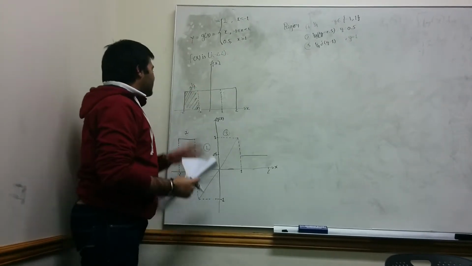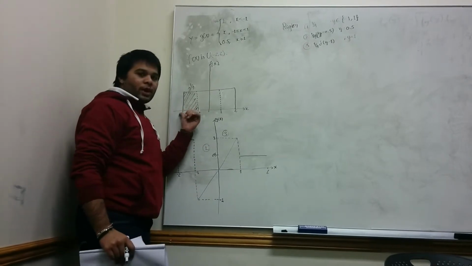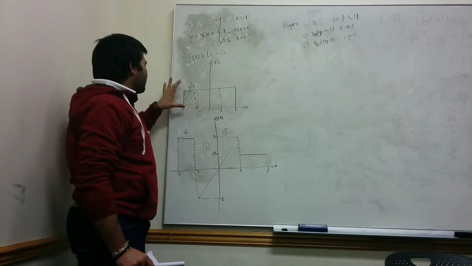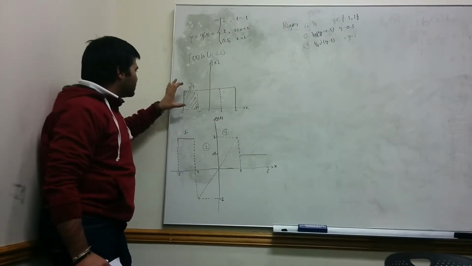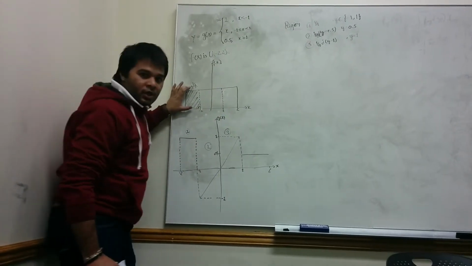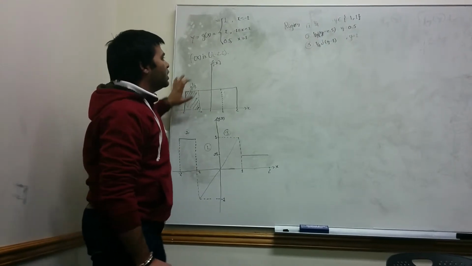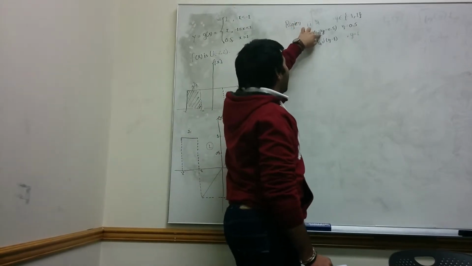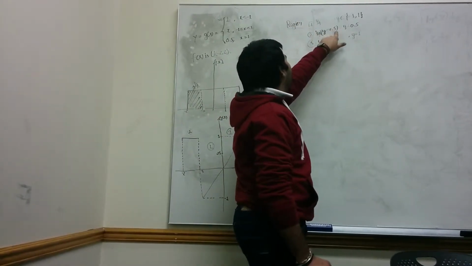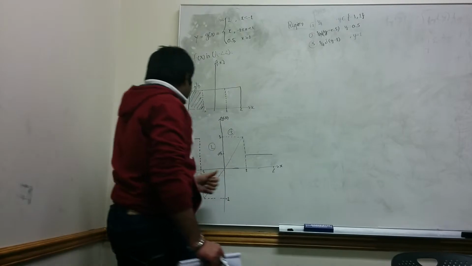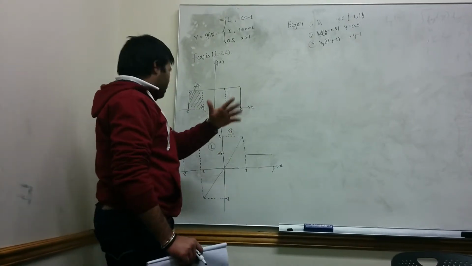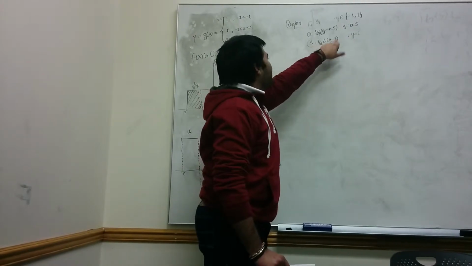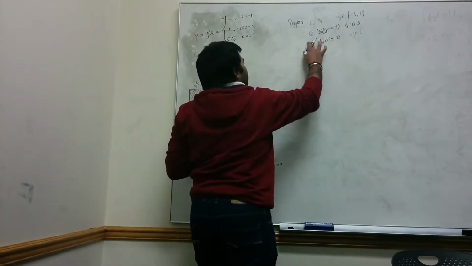It is 1 by 4 because it is a uniform function from minus 2 to 2, and if we equally divide it into 4 parts, the probability of selecting a particular region is 1 out of 4. So while writing the PDF for the second region, we write 1 by 4 del y minus 1.